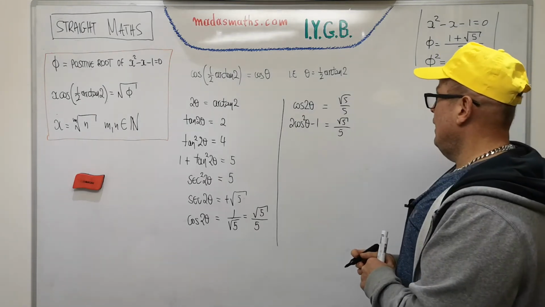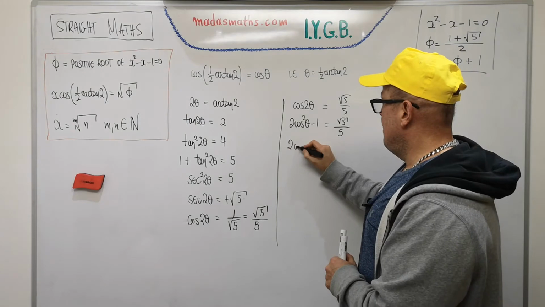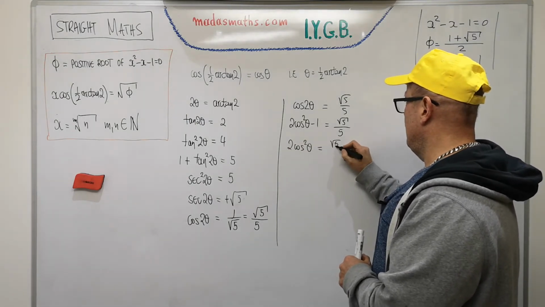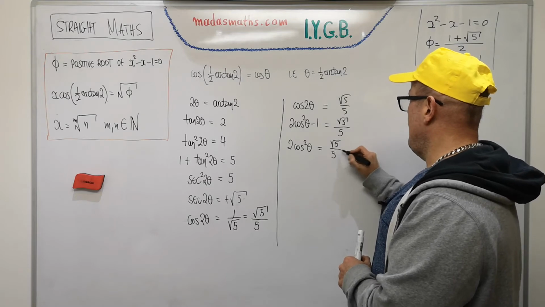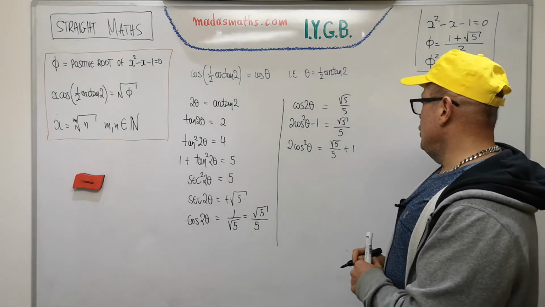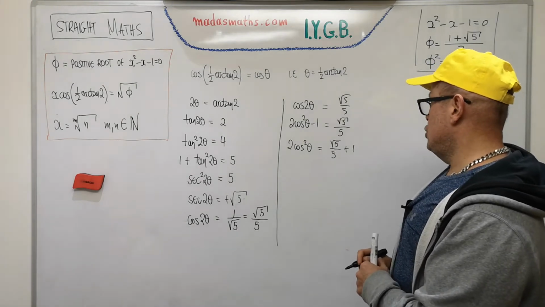Still very scary. I'm going to add the 1 to the right hand side. So it's going to be root 5 over 5 plus 1. And then I'm going to divide by 2.